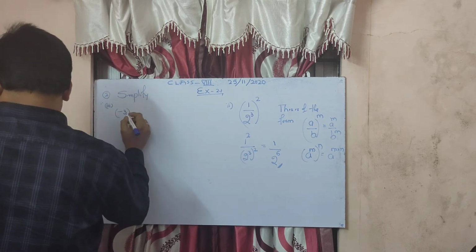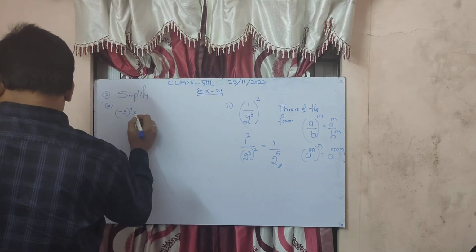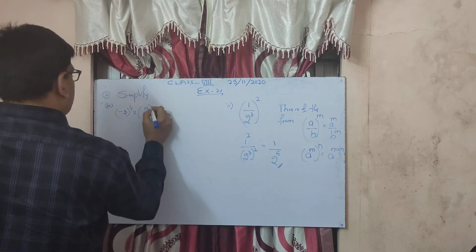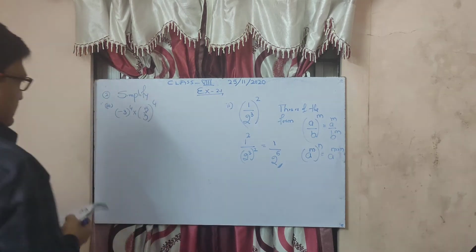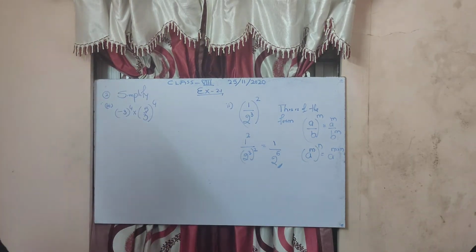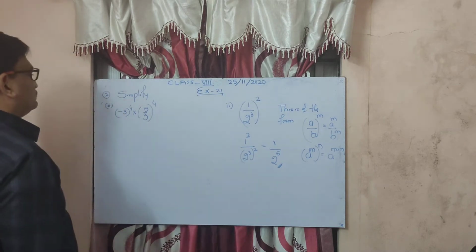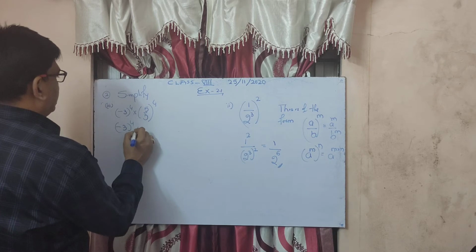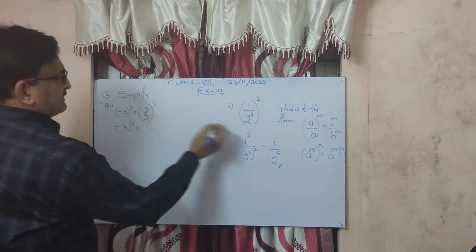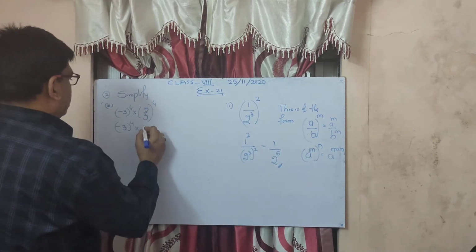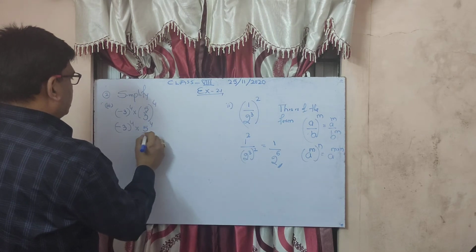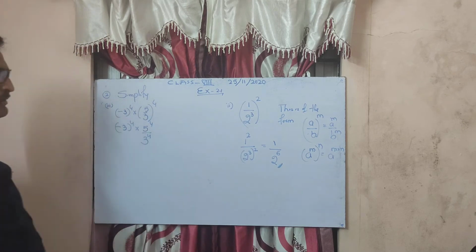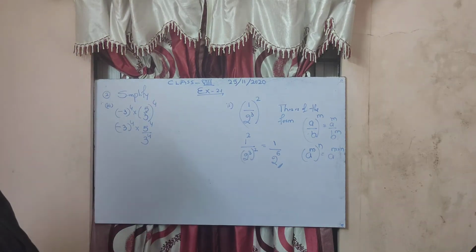Minus 3 to the power 4 into 5 upon 3 to the power 4. Now, first write as it is, that is minus 3 to the power 4 into 5 to the power 4 divided by 3 to the power 4.